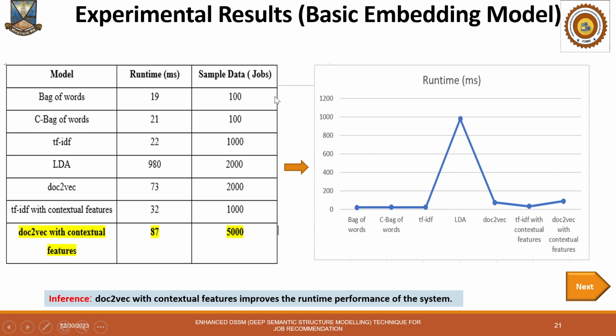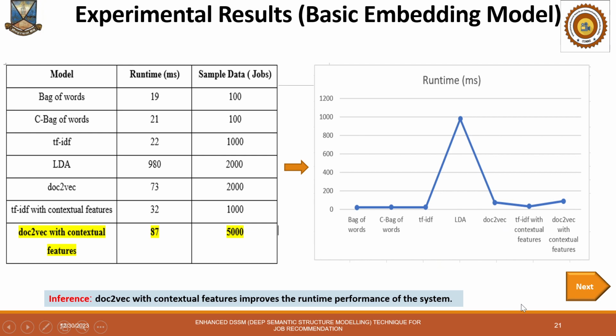This graph and experiment show the complete runtime performance on a sample data set. As we observe here, doc2vec with contextual features took 87 milliseconds on 500 different sample jobs, which increases the accuracy of the system.